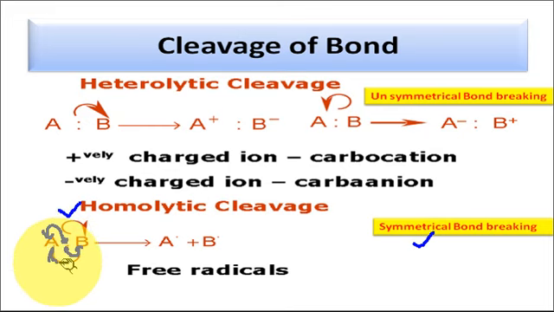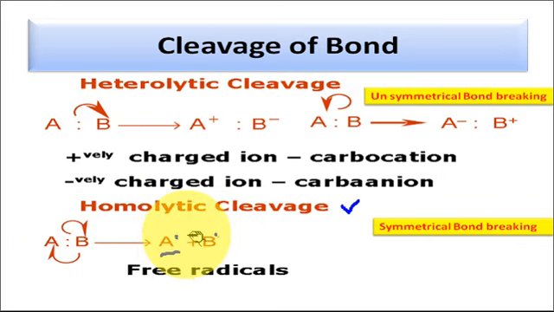This is not the complete arrow, and movement of both electrons is shown by the full arrow. So this half arrow means one electron shifted with the B atom. This half arrow means that this electron moves with the A atom. So this symmetrical bond breaking is the homolytic cleavage, which results in the formation of free radicals.